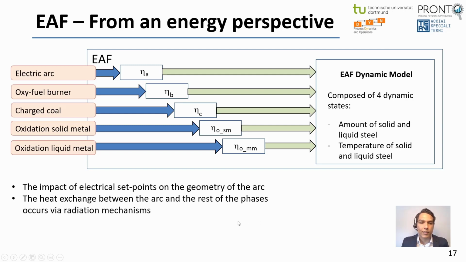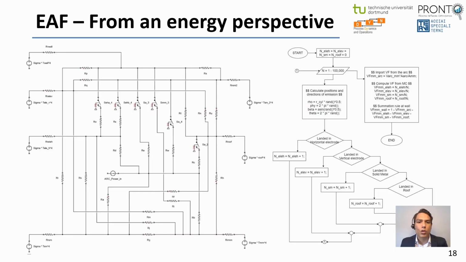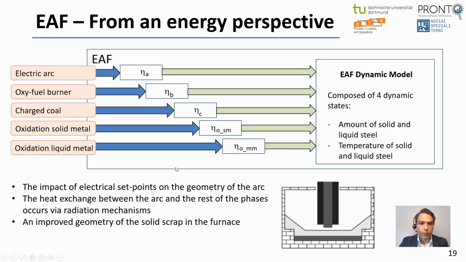We also consider that the heat exchange between the arc and the rest of the phases occurs via radiation mechanisms only. And for these computations, we utilized a DC circuit analogy for computing these heat exchanges, and also utilized Monte Carlo algorithms to compute the view factors that are required within the DC circuit analogy.